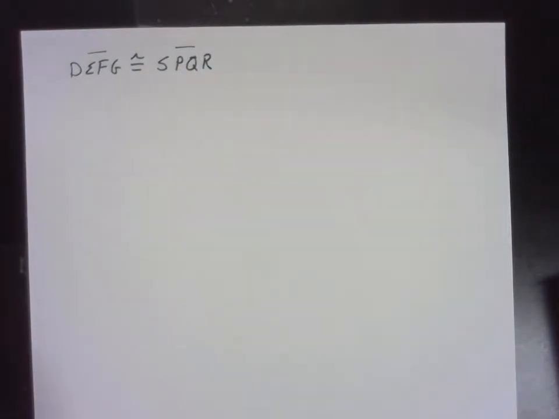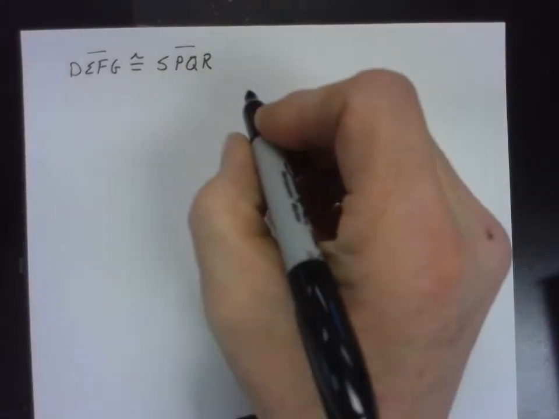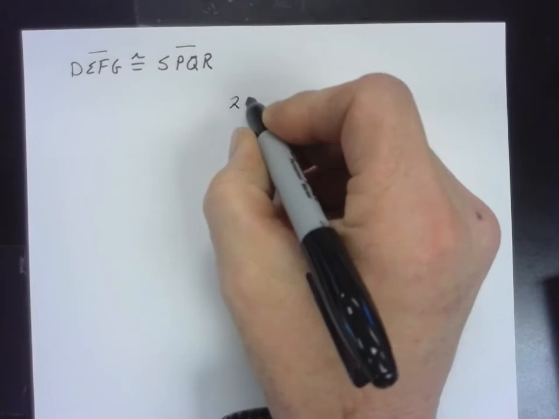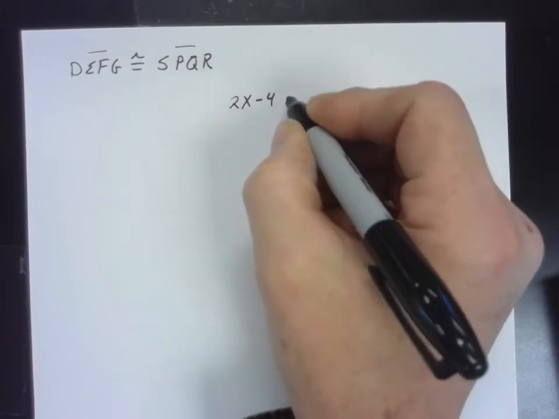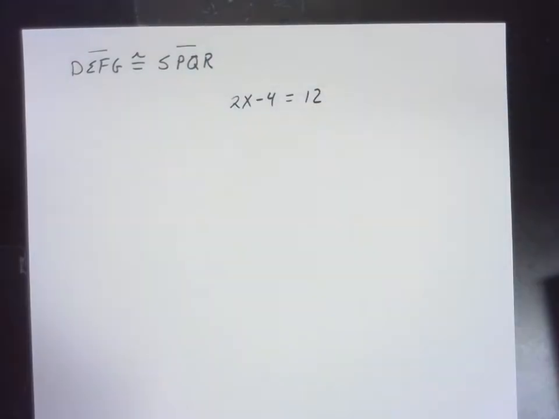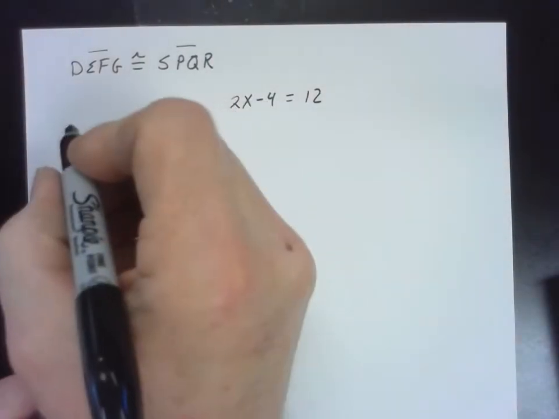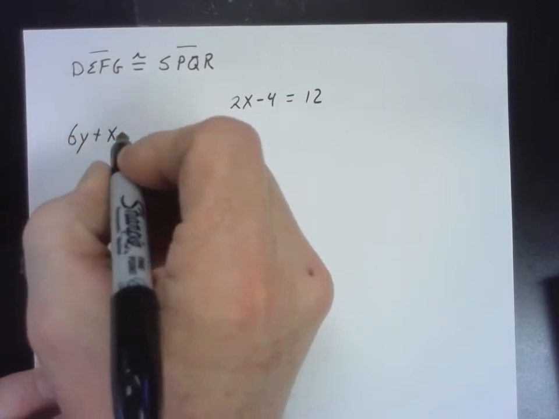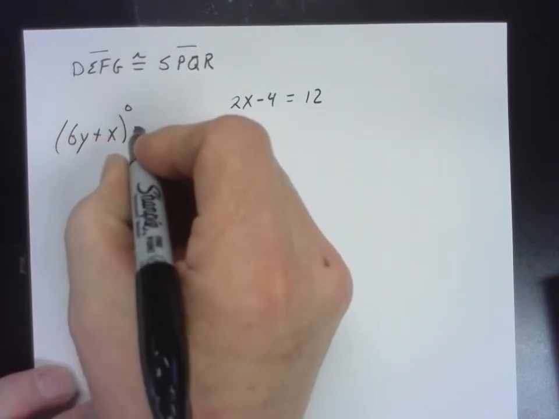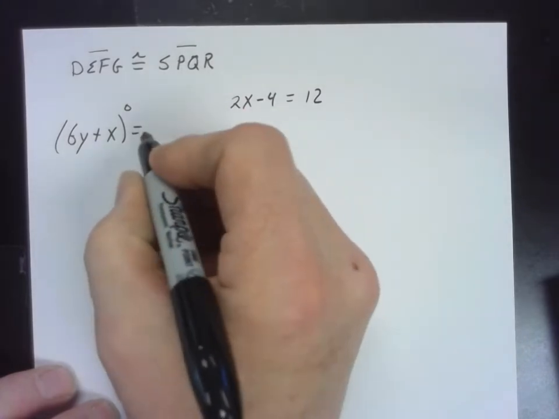So let's see. Do you think that we can make some equations here to help us find some missing values? What do you guys think about the segment that's labeled 2x subtract 4? It's equal to 12. Okay. What do you think about the angle that's measured 6y plus x? 68 degrees?